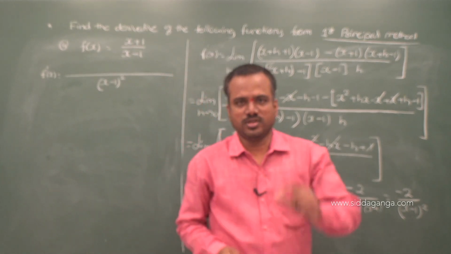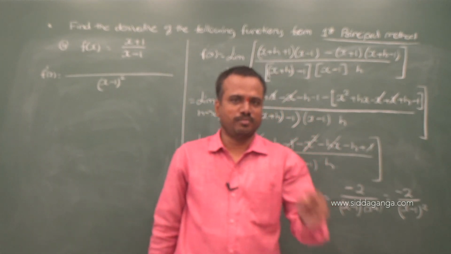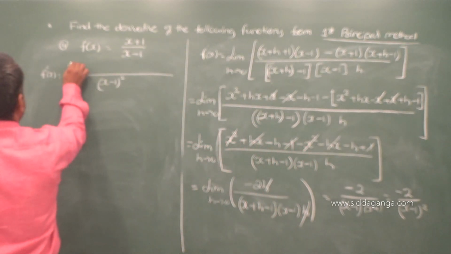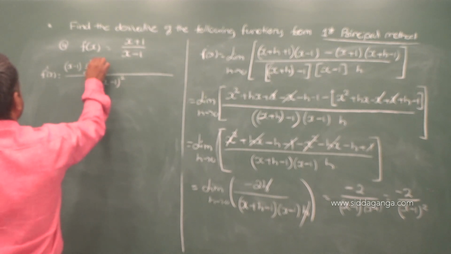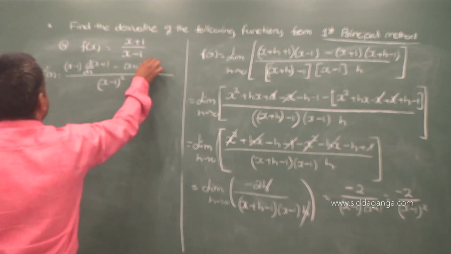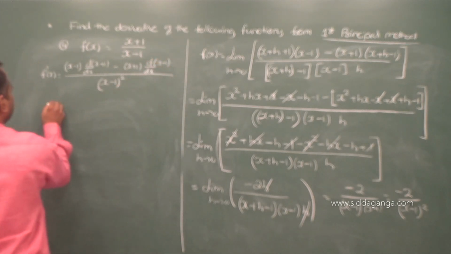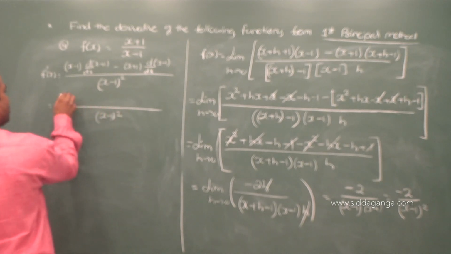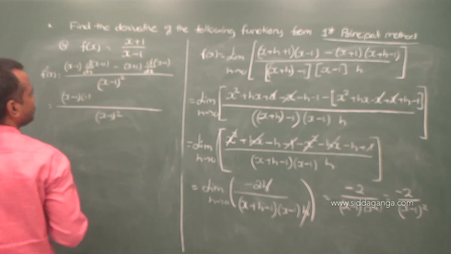Denominator square, denominator into derivative of numerator minus numerator into derivative of denominator: (x minus 1) into d by dx of (x plus 1) minus (x plus 1) into d by dx of (x minus 1), over (x minus 1) whole square. (x minus 1) into 1, correct?